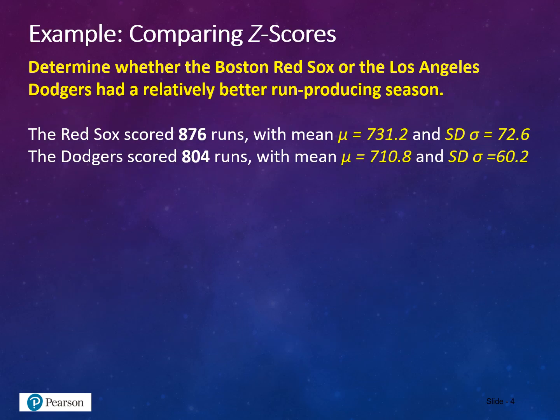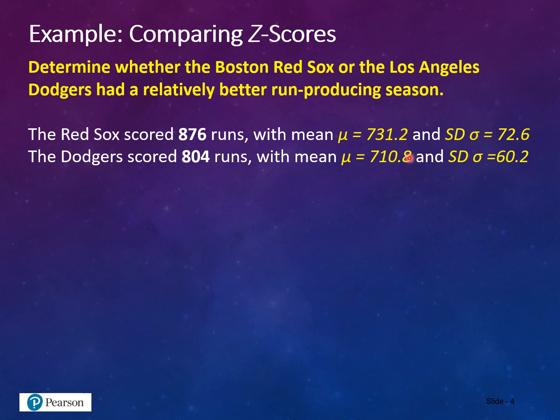So let's look at an example. Determine whether the Boston Red Sox or the Los Angeles Dodgers had a relatively better run-producing season. So in this season, we see that the Red Sox scored 876 runs, while the Dodgers scored 804 runs.